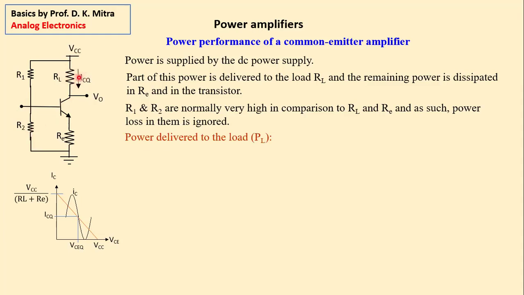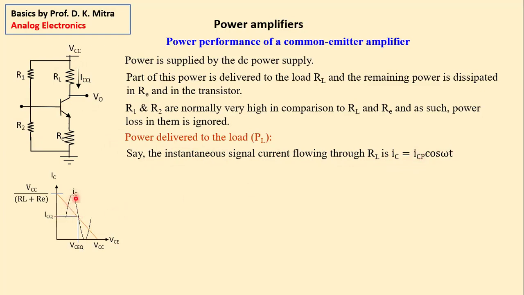What is the power delivered to the load? The output for which we want an amplifier, right? Say, at any instant, signal current is IC equal to ICP cos omega t. ICP is the peak value of IC, right?